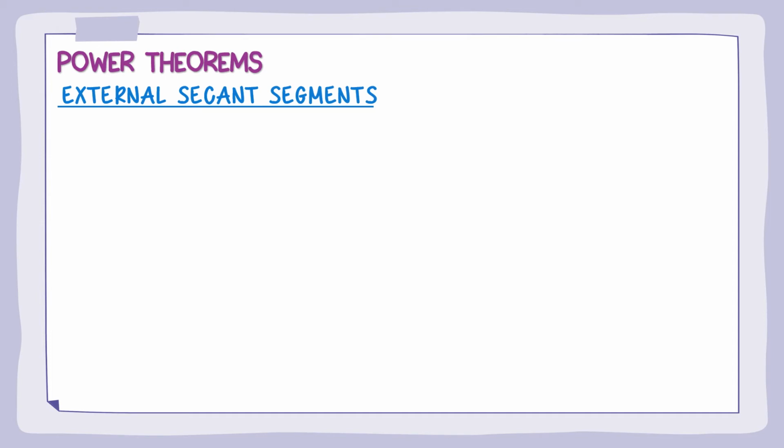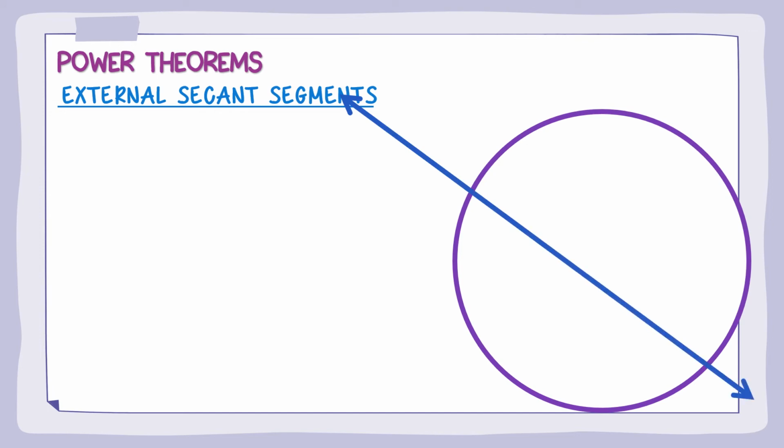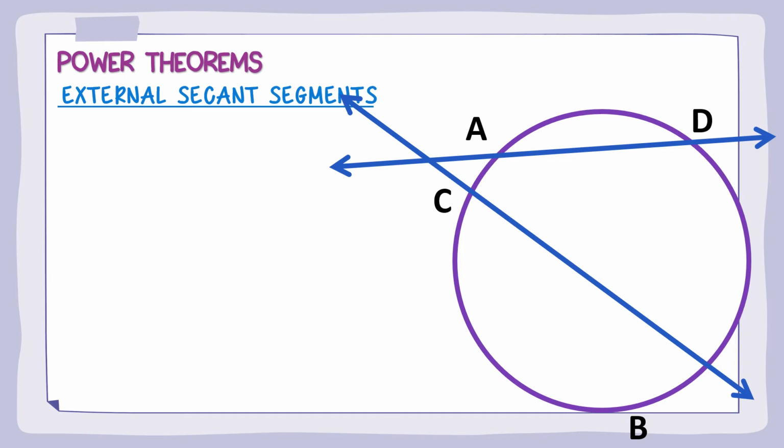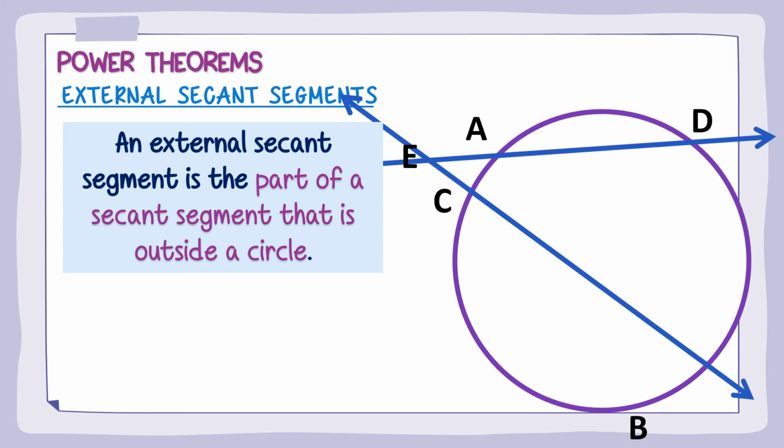Next, the second theorem is the external secant segments. Before that, let us first define pala what does external secant segment means. So if we have this circle and we have the secant line AB, this is CB, and another secant AD, ayan, intersected at point E. An external secant segment is the part of the secant segment that is outside the circle.